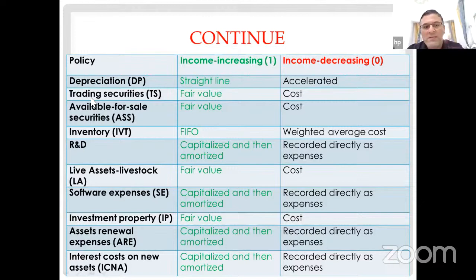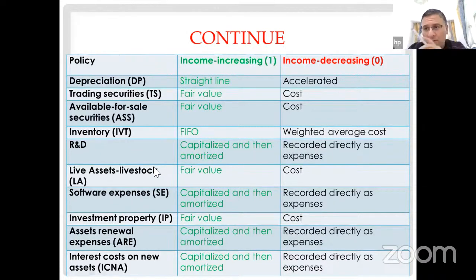Another example is trading securities. Trading securities has two methods. Here, managers of companies can choose to adopt the fair value method or the cost method. Likewise available for sale securities, and likewise inventory, and so on for the rest of the transactions.